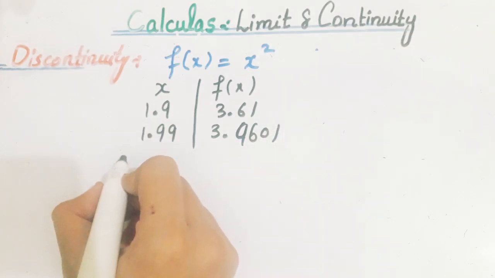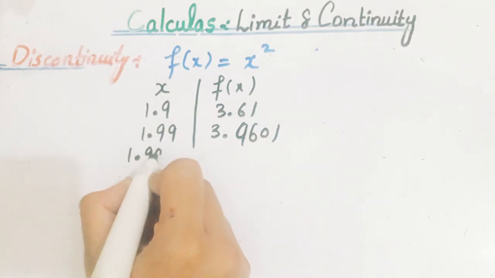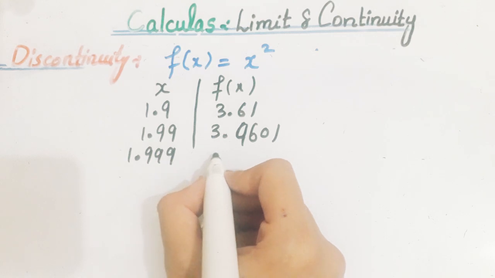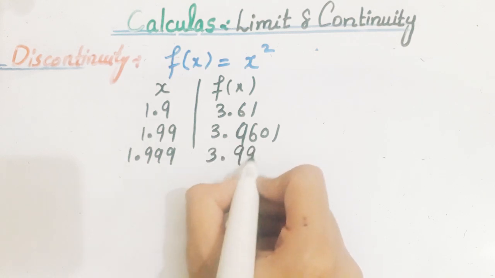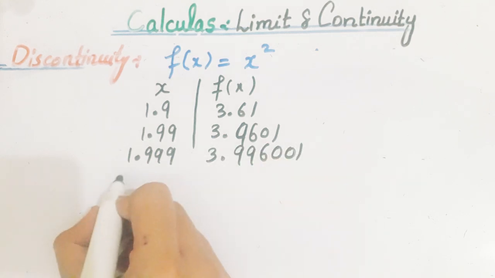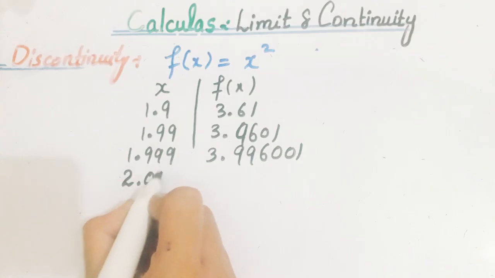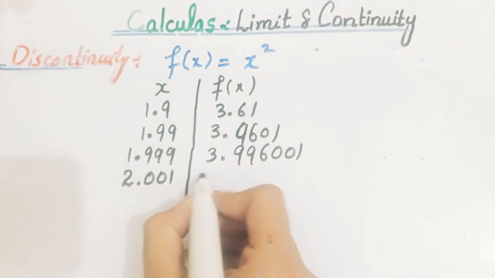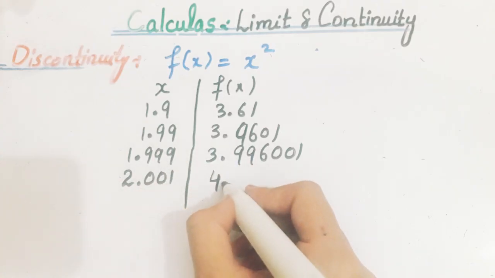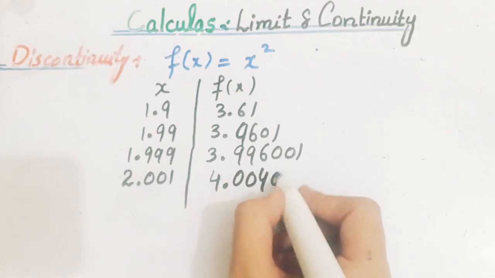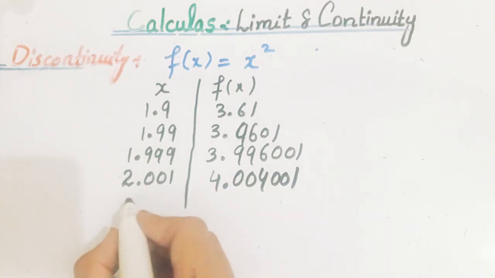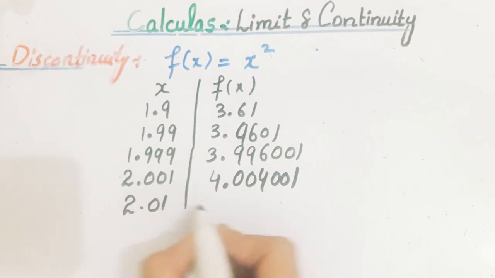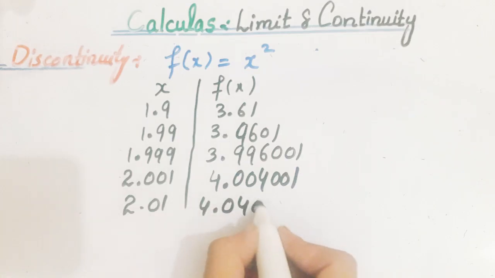If we put 1.999, we will get 3.996001. And when the value is 2.001, we will get 4.004001. And for 2.01 the value is 4.0401.